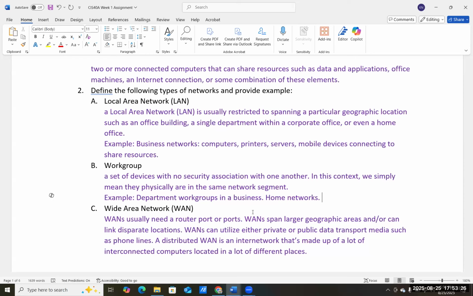So a WAN would consist of a router, right? And the way the router communicates is through a port. So what is really a port? It could pertain to a physical connection, like a port number. It could also pertain to a logical connection, right? So think of ports as doors or windows to your home.